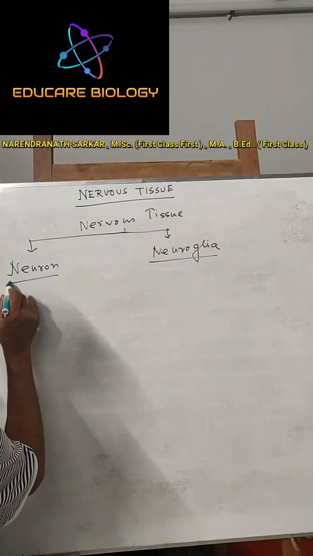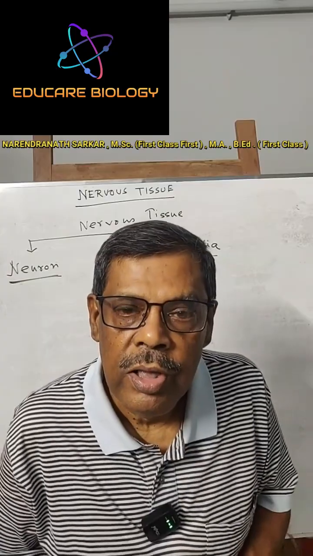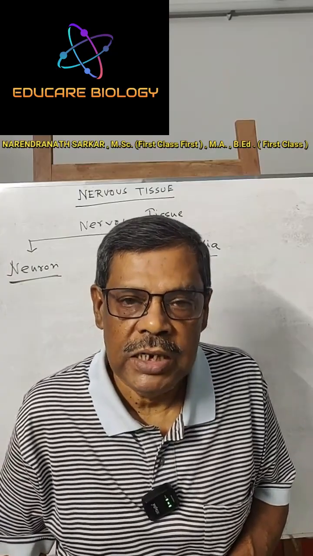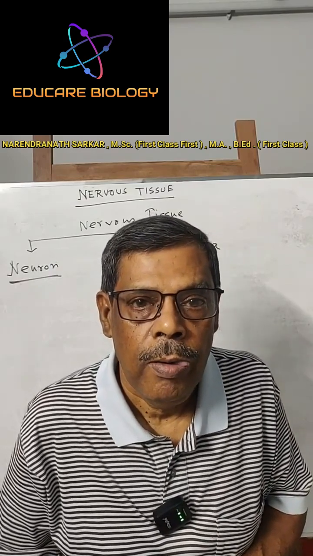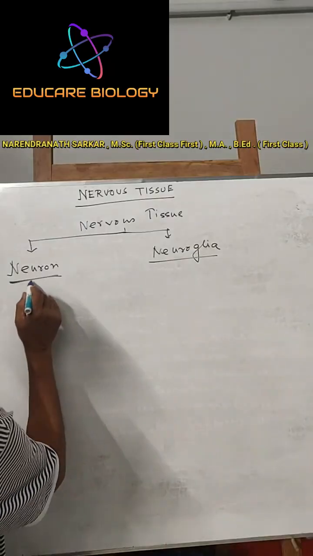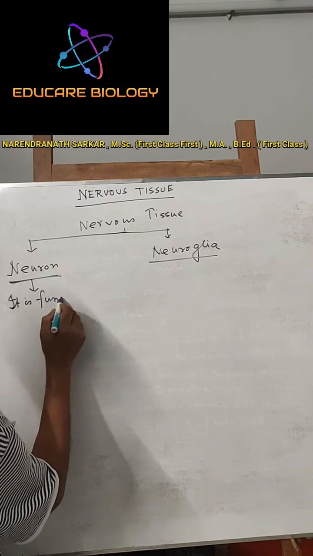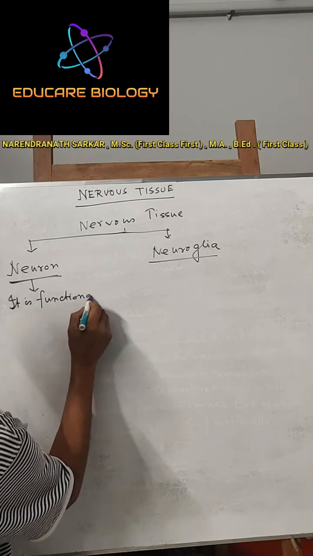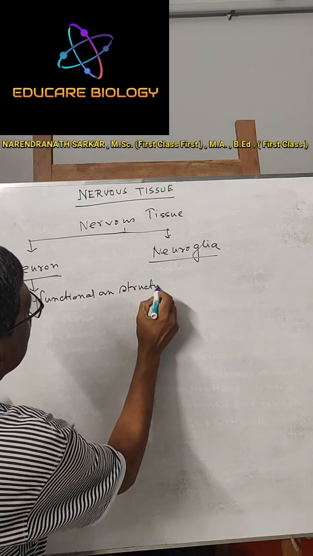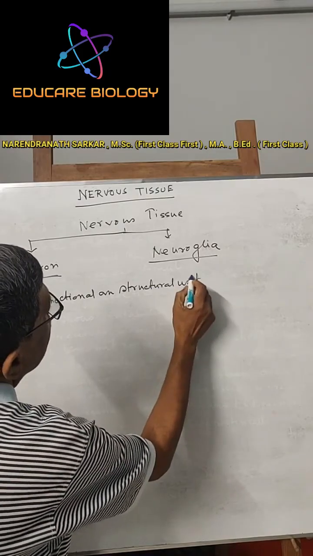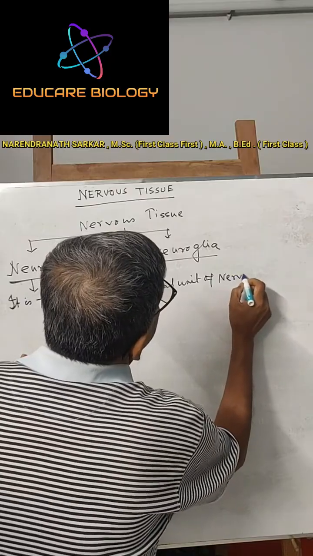Next, neuron. Neuron is the functional and structural unit of nerve tissue.